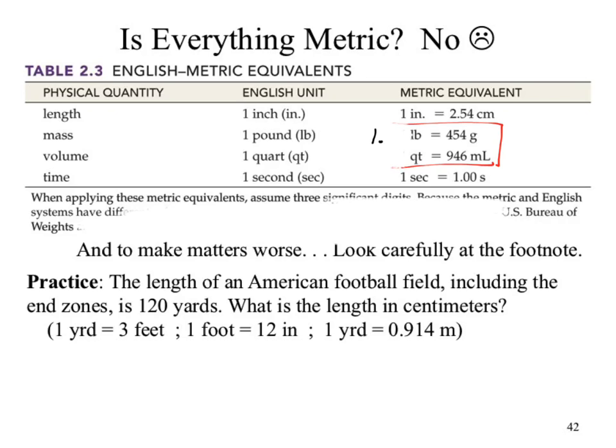It should have been written as 1.00 pounds, 1.00 quarts, so that we had 3 sig figs in those conversions. Really the textbook is making the horrible assumption that by writing 1 we're saying it's exactly 1 equals 454 grams. You might say, well, that's an exact conversion. No, it's not. What happens if I want 4 sig figs?